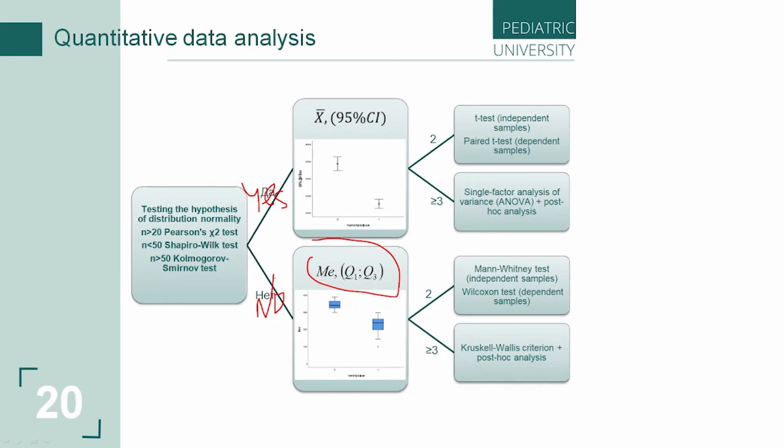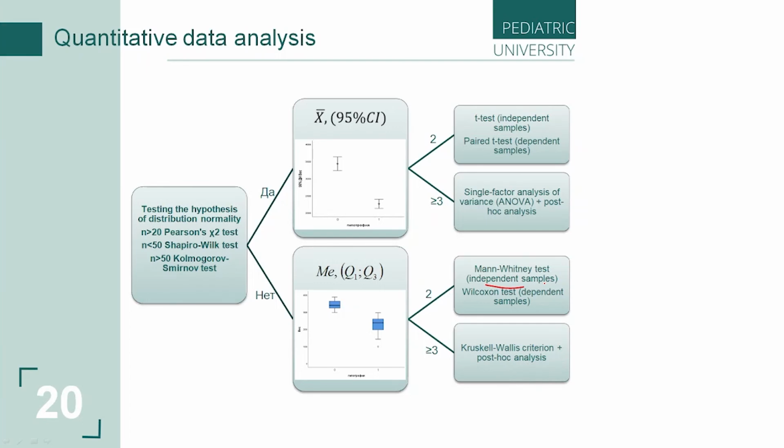What happens if the hypothesis of normal distribution is not fulfilled? We describe our data by median, quartiles and interquartile range, yeah? And graphically represent them in the form of a box plot with whiskers, yeah? And after that, if we have two groups or two samples, we should use the Mann-Whitney test if we have independent samples.